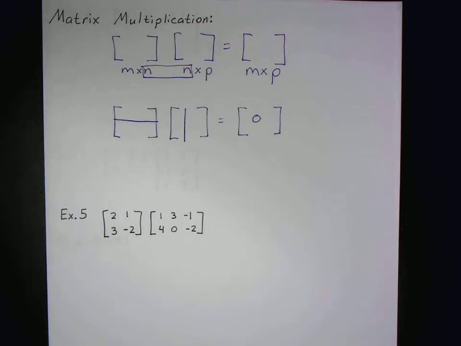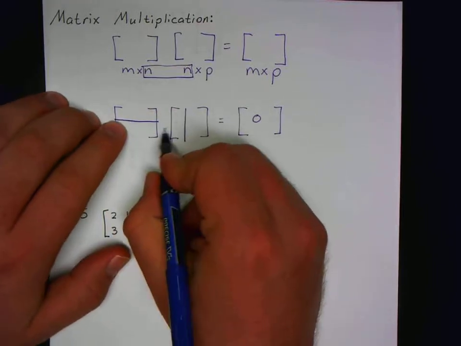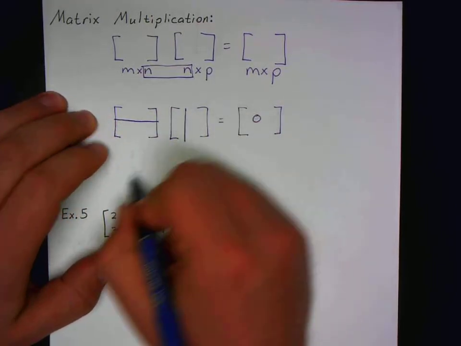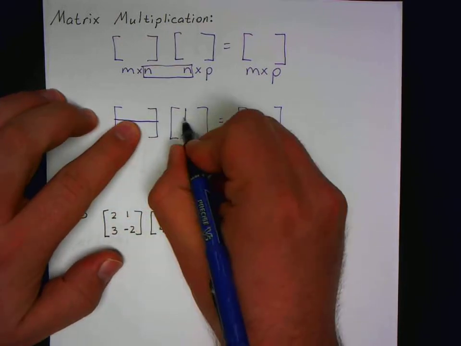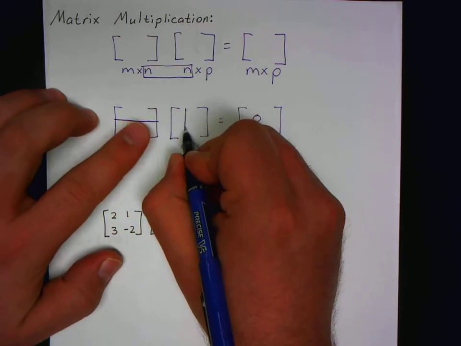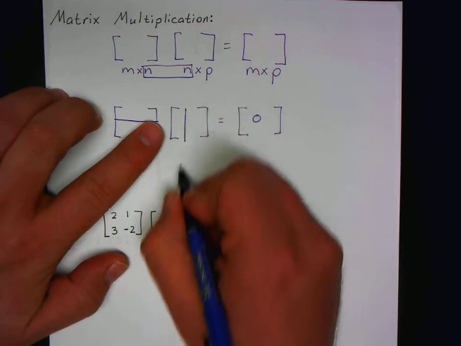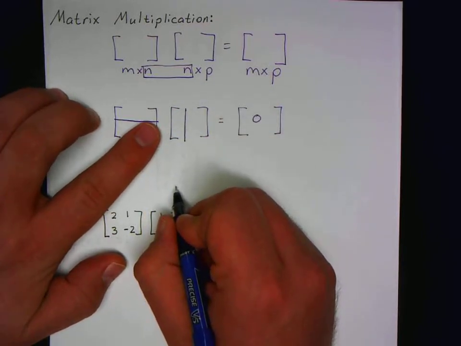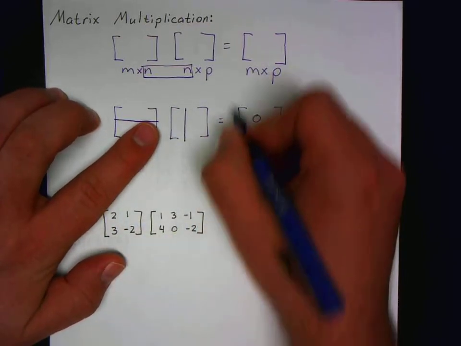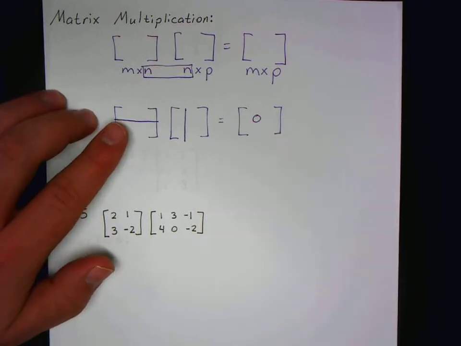The way we do that is we take the first number times the first number plus second number times second number plus third number times third number, and we keep going until we've done that with all the numbers. We add them all together, and that gives us a single number.